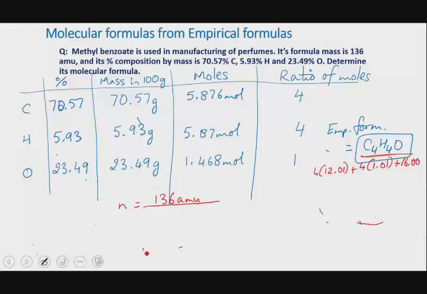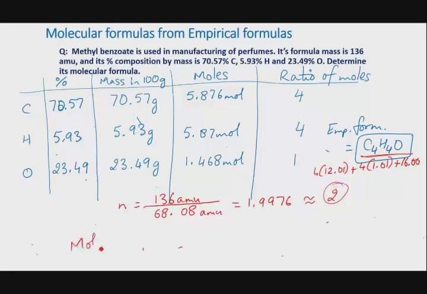It comes out to be 68.08 AMU, and when you divide the two and round, we get 1.9976, which rounded to a whole number gives us 2.